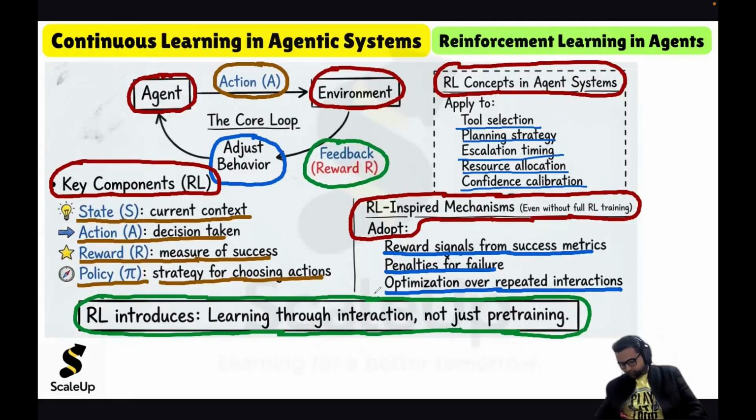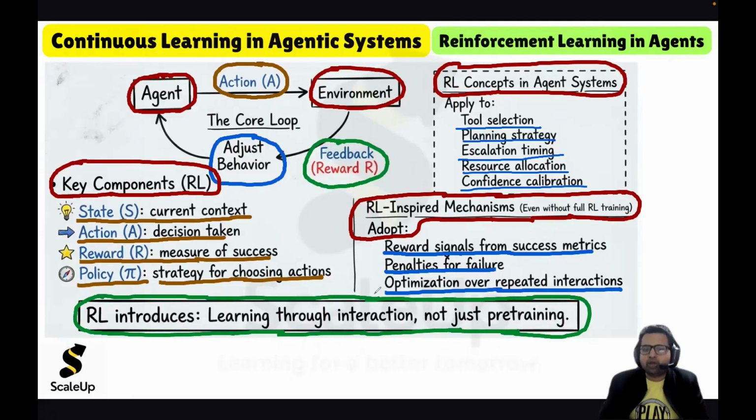But we already saw that a static, pre-trained model is not enough, because the agentic system will be operating in a dynamic, uncertain world, wherein it needs to keep on evolving, adapting with time, with situations, with scenarios. So just pre-training is not enough.